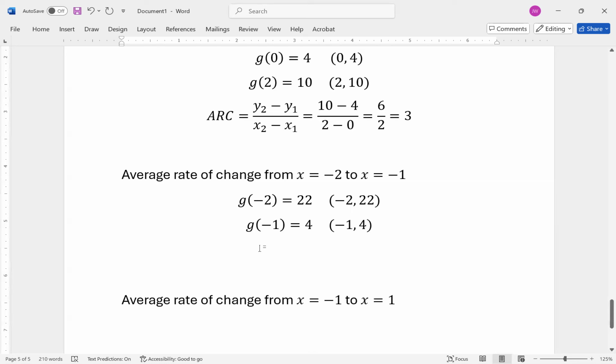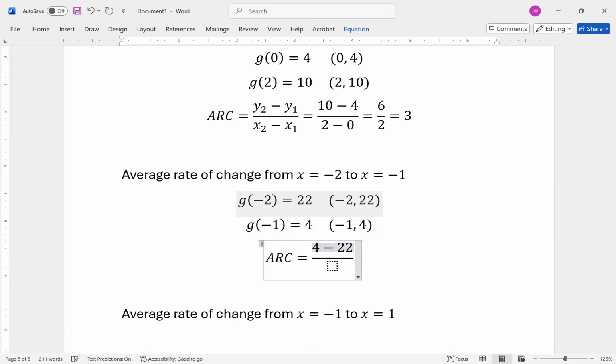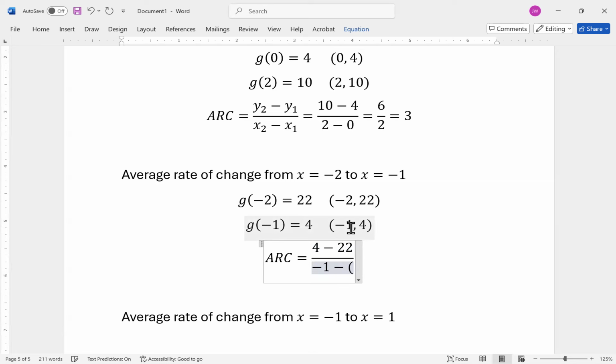So the average rate of change here, I will call (-1, 4) the second point, and (-2, 22) the first point. So I take the y value of my second point minus the y value of my first point, that's 4 minus 22, divided by the x value of my second point minus the x value of my first point, which is -1 minus -2.